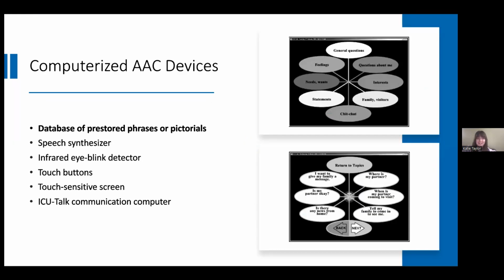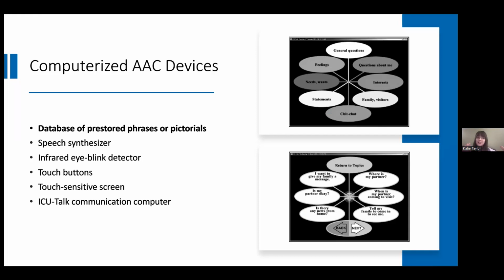Speaking of the computerized devices, these are databases of pre-stored phrases and pictorials. So while the communication board was just icons and pictures, this is a whole database that you can customize to your individual patient. Most of these do have a speech synthesizer where they tap out their entire phrase or sentence, and then it will do kind of a talk to text, which we might be more familiar with, to give that verbal output.